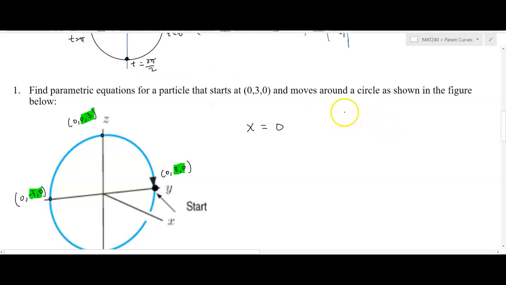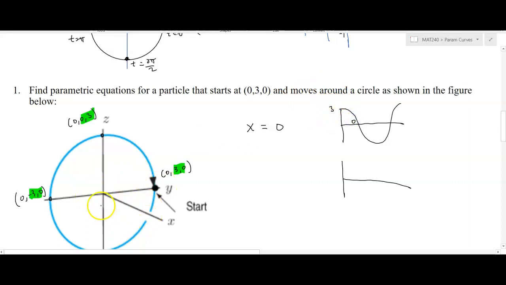If I take the cosine function as it is, it goes from a high to a low, back to its high. And in that same period of time, I want my y component to go from 3 to 0.